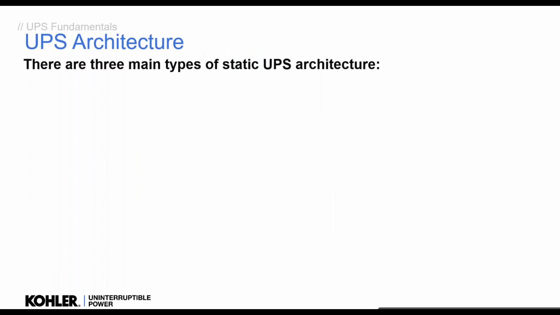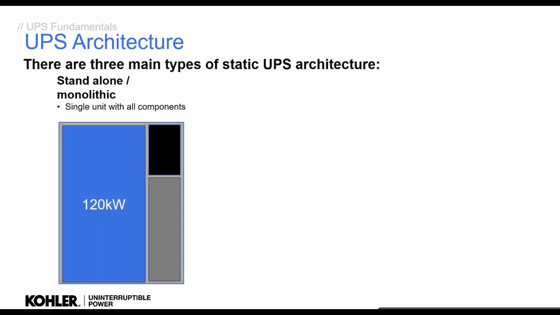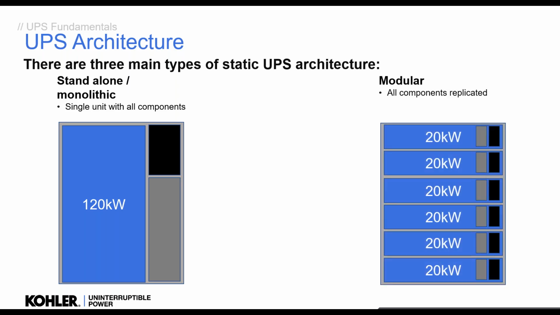And we have different types of architecture with UPS. We can have a standalone UPS where everything is a single unit, so we have a single rectifier, a single inverter, a single bypass, so there's no duplication. But then we have what we call true modular, where everything is replicated, so we have effectively multiple UPSs in parallel together.